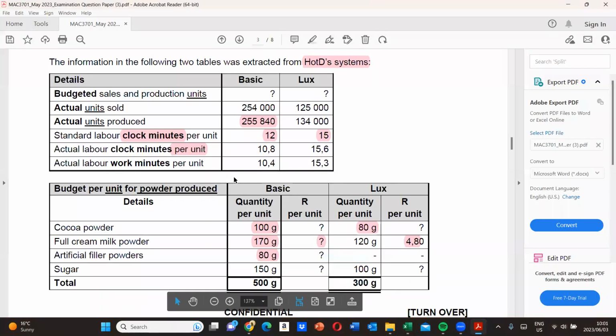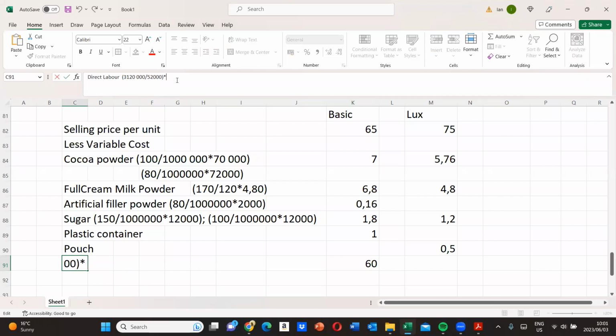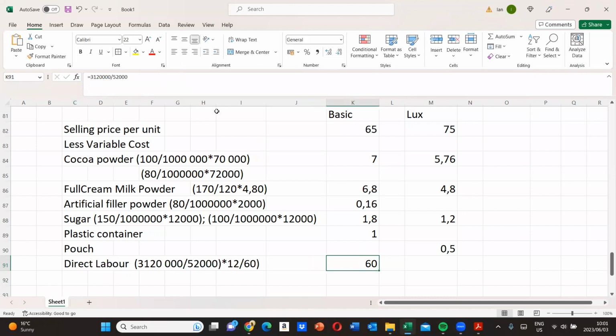So 60 is the cost per hour. We're taking the 60 rand per hour, but we're using 12 minutes per unit. So in this case, I think we should have just said times 12 out of 60. So we just multiply by 12 over 60, and it will give us 12 again.